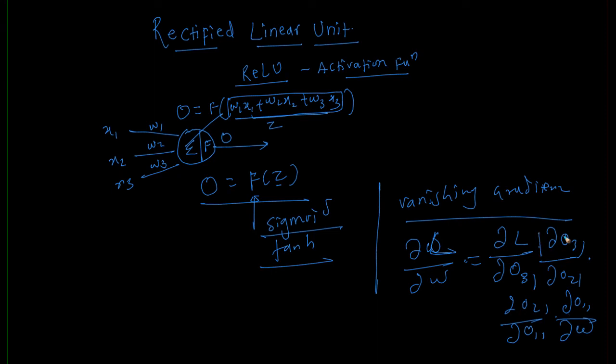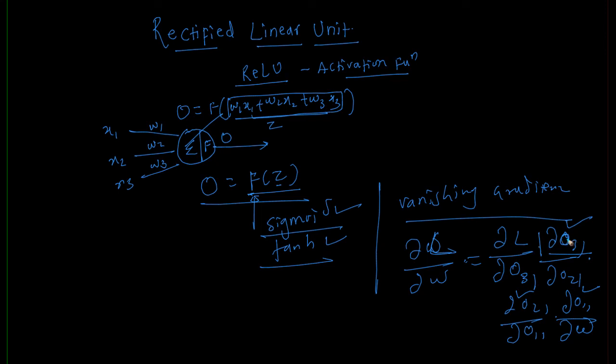These derivatives are nothing but derivatives of activation functions, because this output O is coming from the activation function. So we are multiplying derivatives of activation functions, and those were primarily sigmoid or tanh.